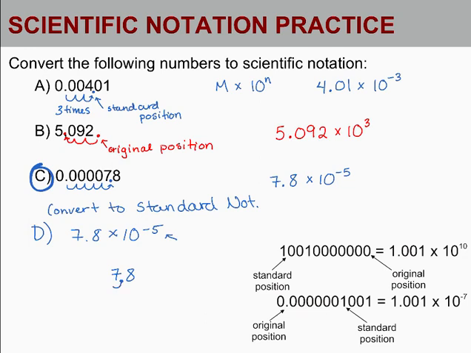So I'm going to move it once, twice, 3, 4, 5. And then wherever I have an empty spot, I'm going to put a 0. And these will be kind of considered placeholder zeros. And so that tells me that my decimal form looks like this.